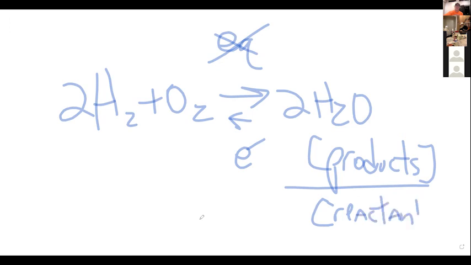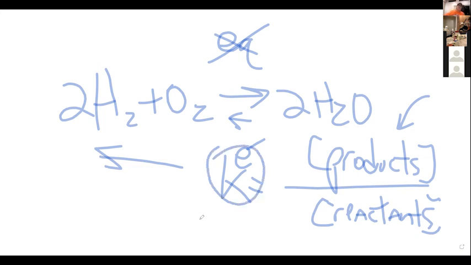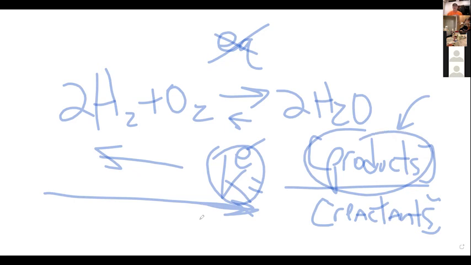So if the concentration of products is really small, that means the reverse reaction is favored. If, on the other hand, the equilibrium constant is very high, that means the forward reaction is favored and you get a lot more products than you do reactants.